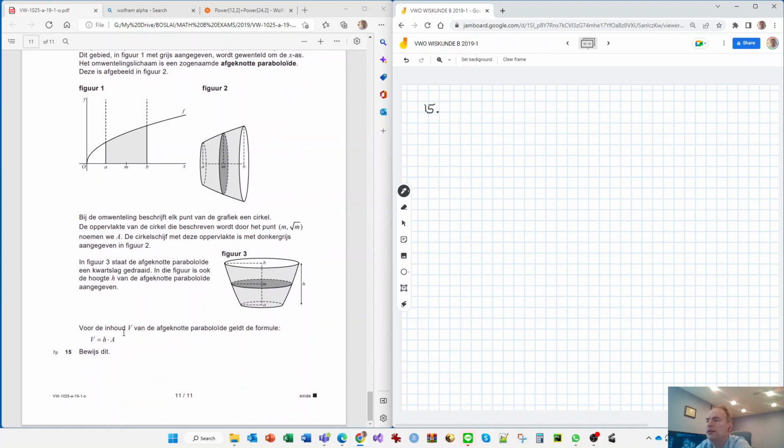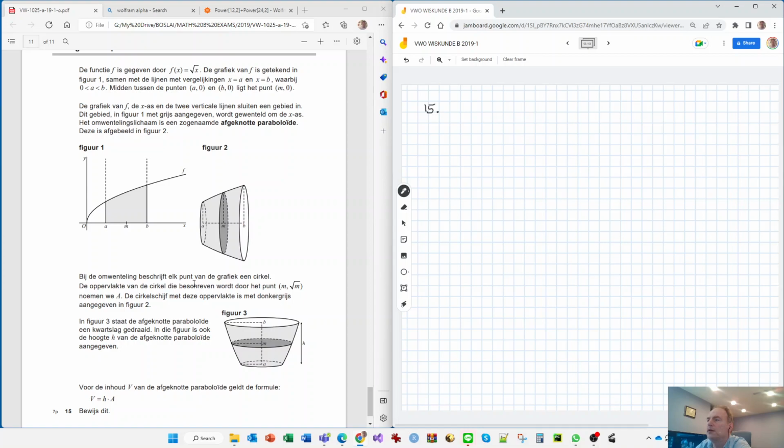Then they say for the volume of this body or solid, we have that it's equal to the height times the area of this circle sitting in the middle. Okay. Well, all right.